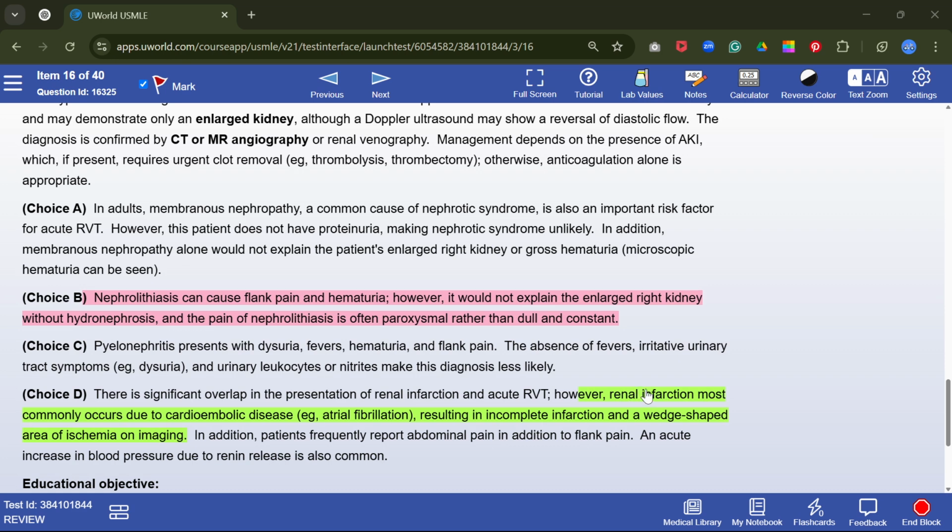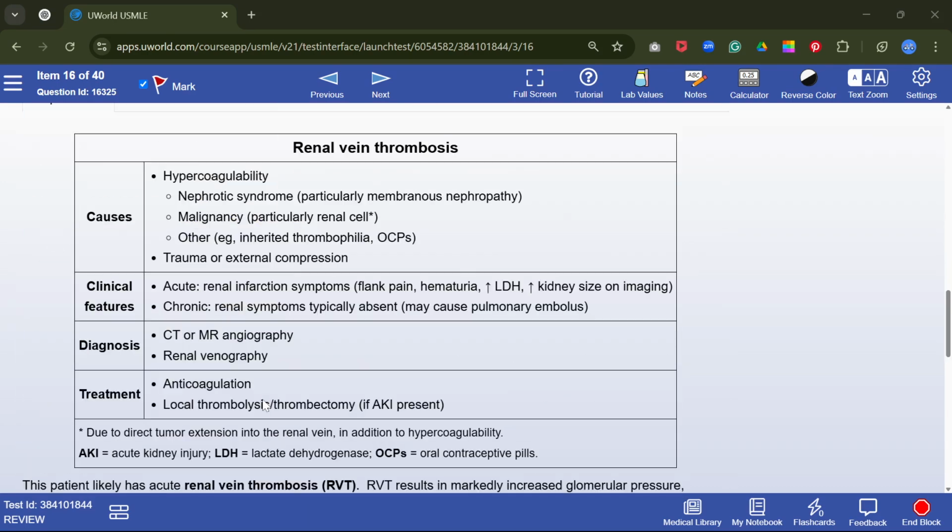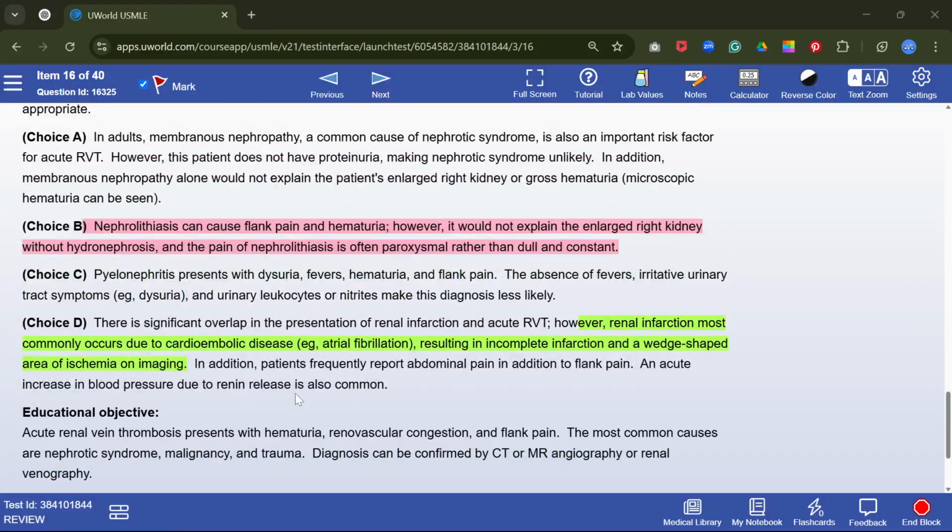However, renal infarction most commonly occurs due to cardiometabolic disease or atrial fibrillation, resulting in incomplete infarction and a wedge-shaped area of ischemia on imaging. In addition, patients frequently report abdominal pain in addition to flank pain, and an acute increase in blood pressure due to renin release is common in renal infarction.